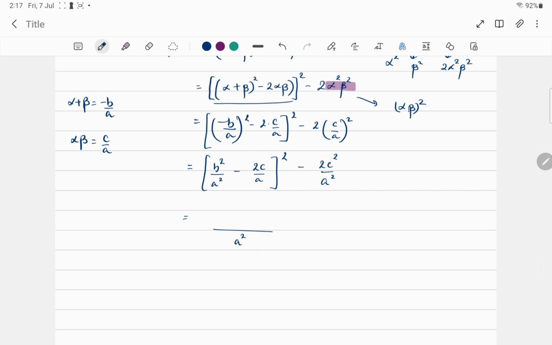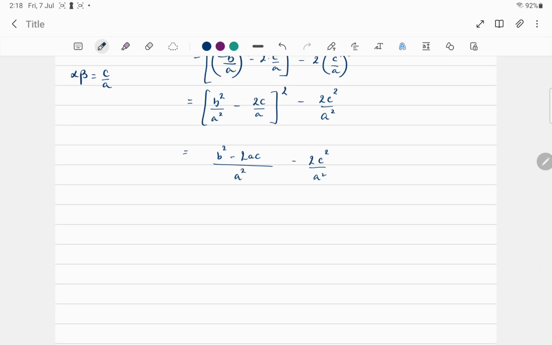Here a squared is the common denominator: b squared minus 2ac, and minus 2c squared over a squared. So now again we have denominator a squared, b squared minus 2ac minus 2c squared.